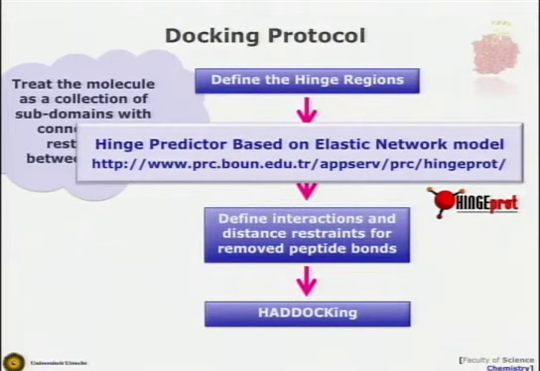To predict where the hinges are, we use HingeProt, which is a hinge prediction program. It's a bioinformatic prediction. It's using an elastic network basically to look at the mechanics of your molecule and define hinges. And actually in the tutorial this afternoon you're going to have a look at this.